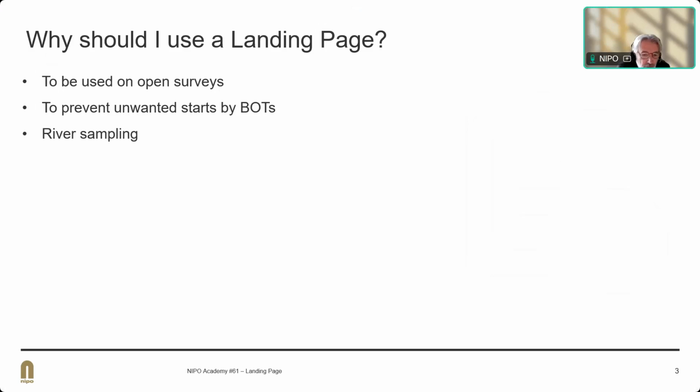Thousands of starts for each successful interview. We had not seen that before, so we wondered what is going on with this survey, and it turned out that this was an open link survey that was placed on social media, and all those starts weren't real people, they were bots that were starting the survey and then stopping at the first page.